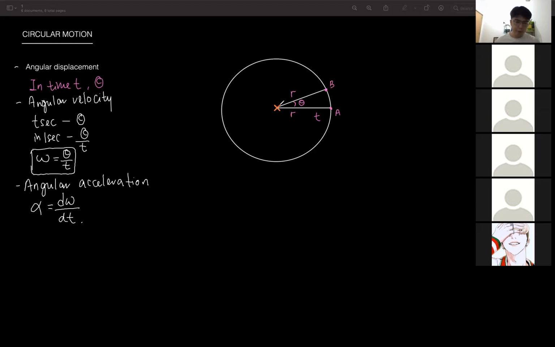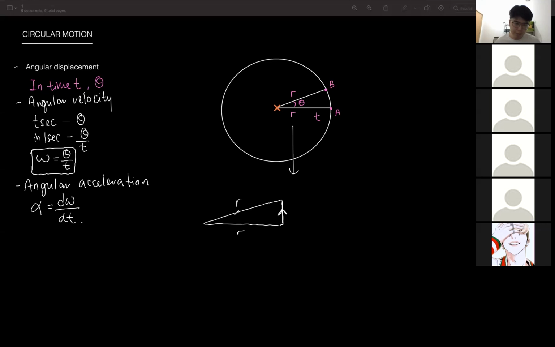Right, so from this diagram, let's say for a very small time period, we take this part out, and I can draw a triangle here. For a very small change in time, we have the radius, and then we have displacement.